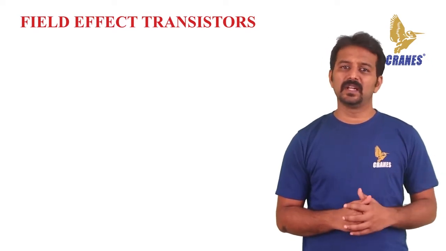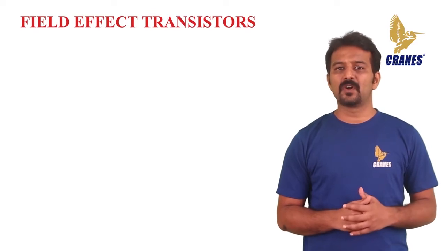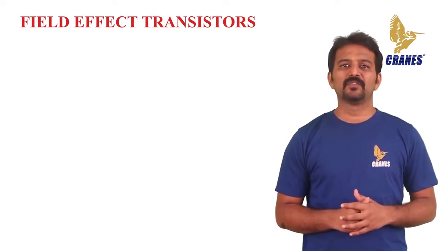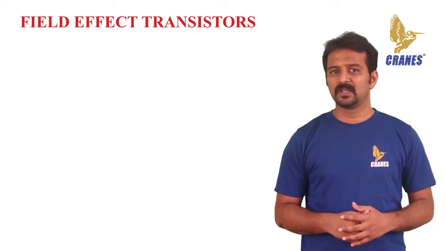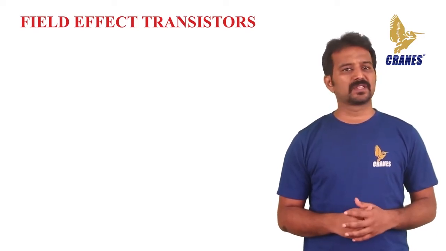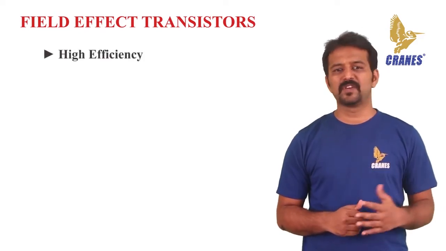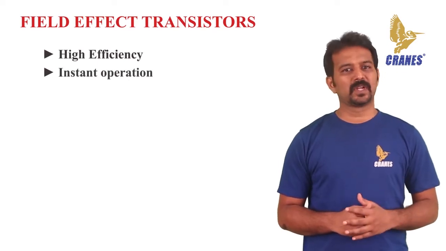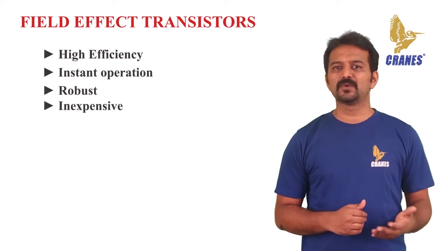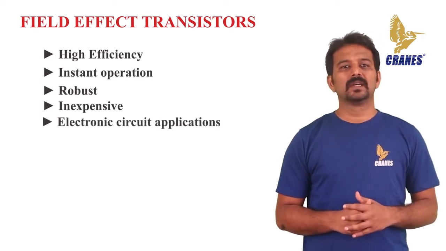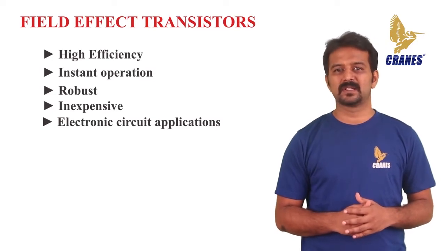Before discussing in detail the junction field effect transistor, primarily we must know what it is. The field effect transistor is a 3-terminal unipolar semiconductor device that has very similar characteristics to that of a BJT. For example, it has high efficiency, instant operation, is robust and inexpensive, and can be used in most electronic circuit applications to replace equivalent BJTs.